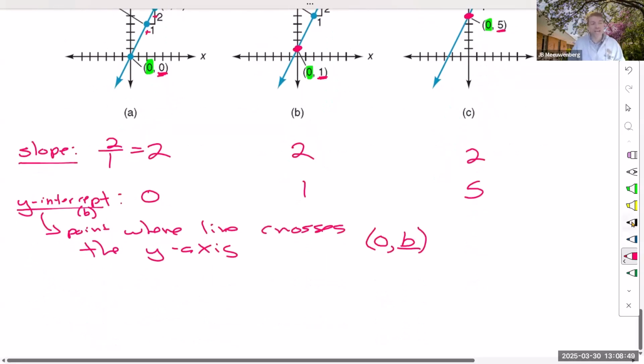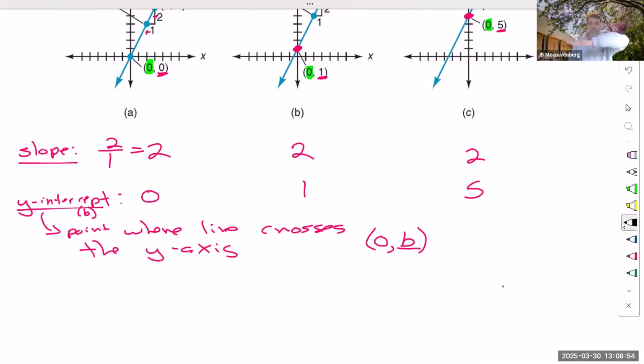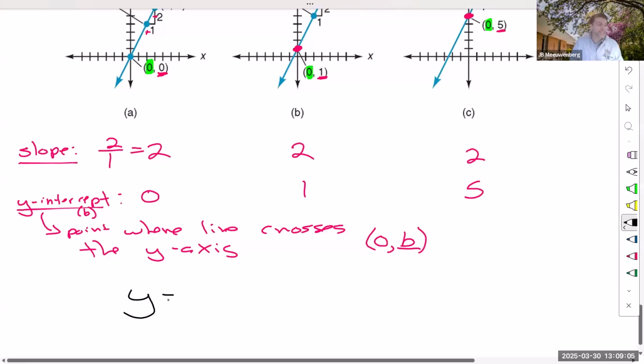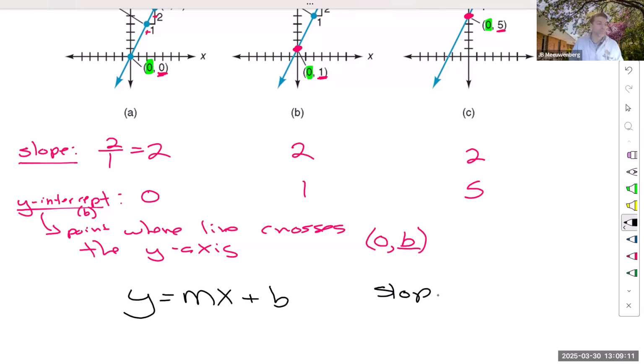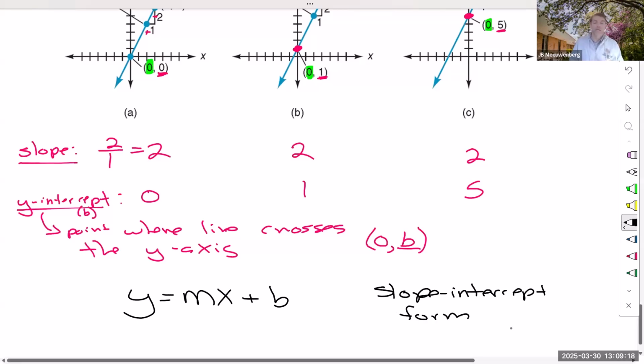Now, how do these two pieces of information help us? Well, pretty much every line, except for vertical lines, is going to have the same form. And maybe you recognize this. It is called y equals mx plus b, and it's actually called slope-intercept form for linear equations.